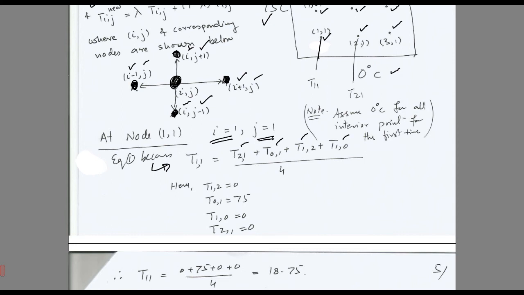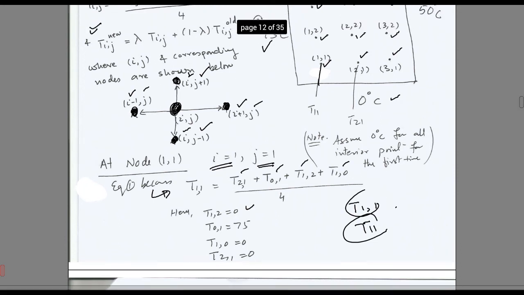Sometimes you may notice that we write T1,1 and sometimes we write V1,1, so interchangeably we can use both of them to represent the temperature at node 11. Here the values T01 and T10 are the temperatures on this side.